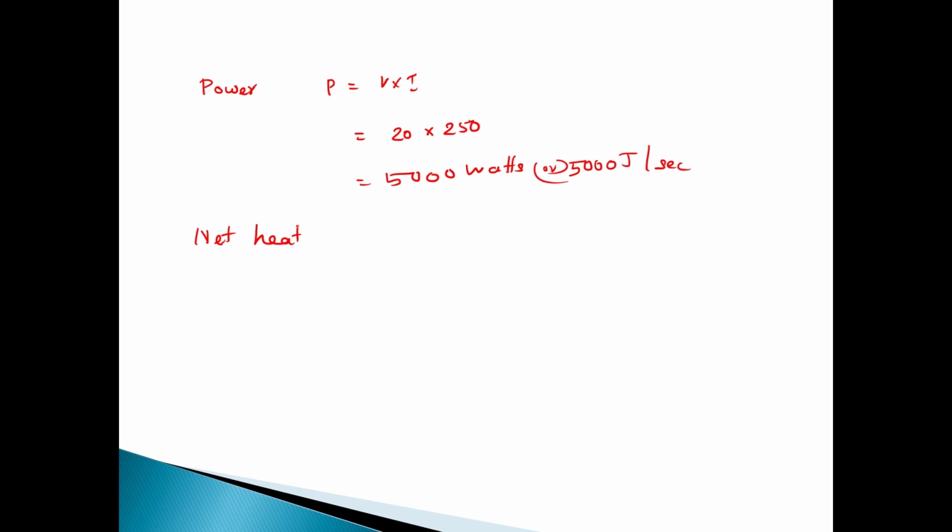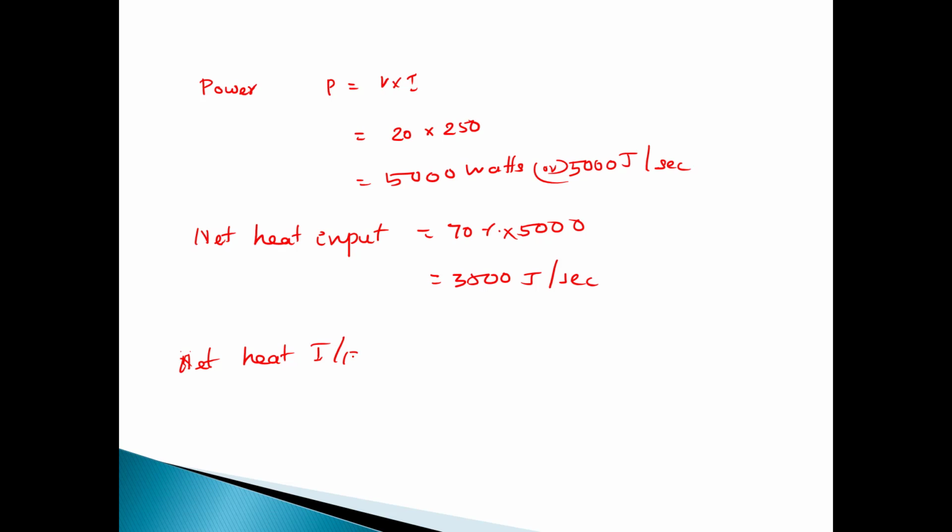First we have to calculate the power given to the welding operation, that is P equal to V into I. V is 20, I is 250. So we are getting 5000 watts. So net heat input is 70% of power. So this will be 3500 joule per second.